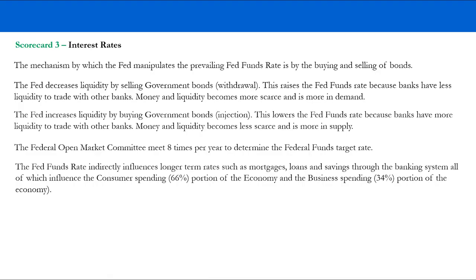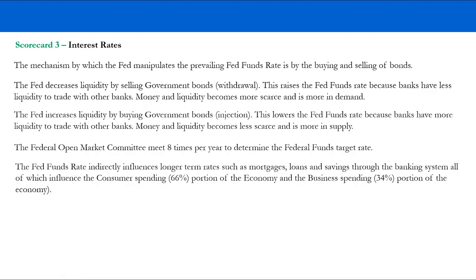Now, the FOMC, the Federal Open Market Committee, meets 8 times a year, and they basically meet to determine the federal funds target rate. And the Fed funds rate basically influences, through the market mechanism, longer term rates and products such as mortgages, loans, and savings through the banking system.